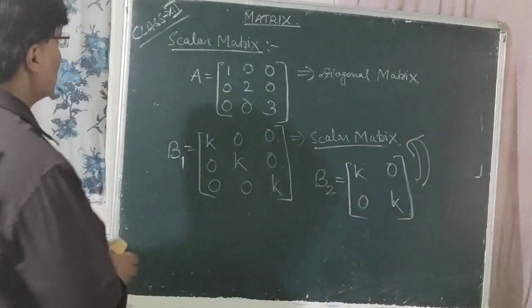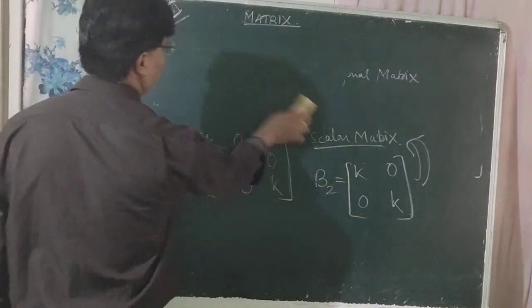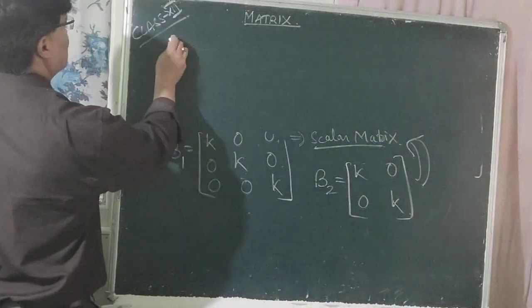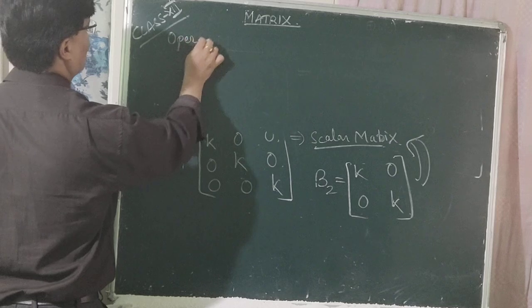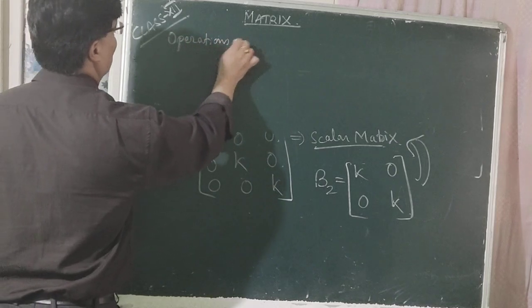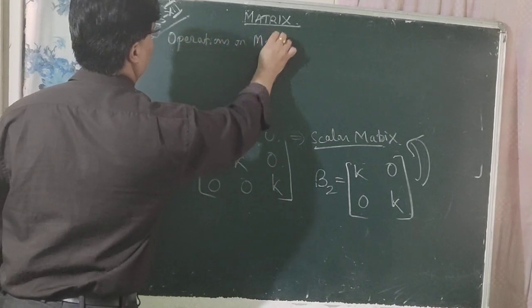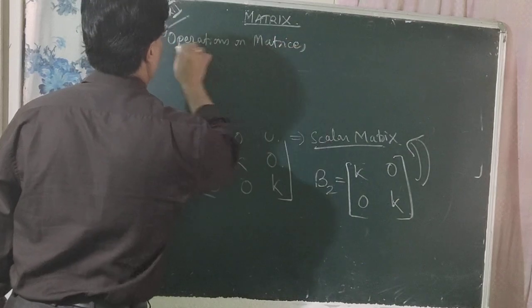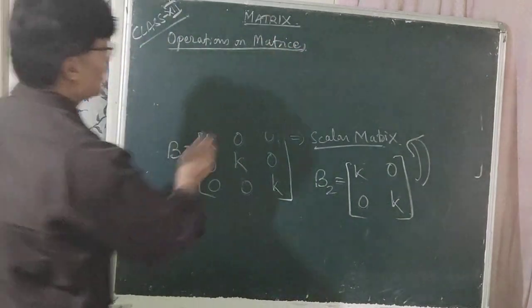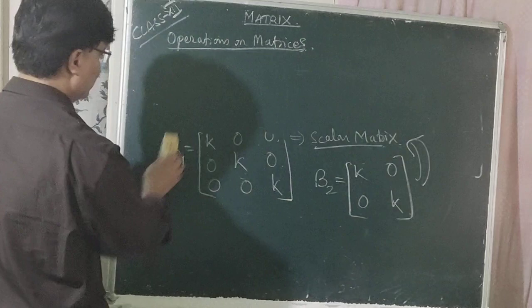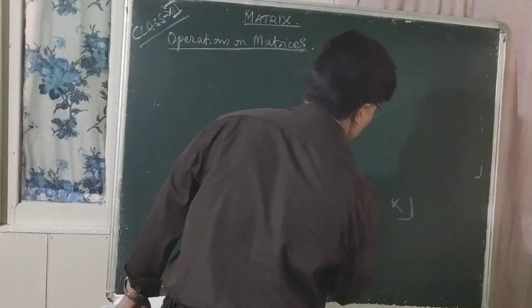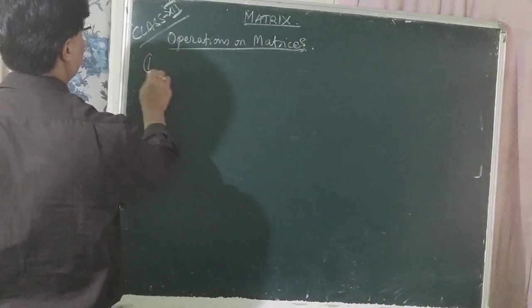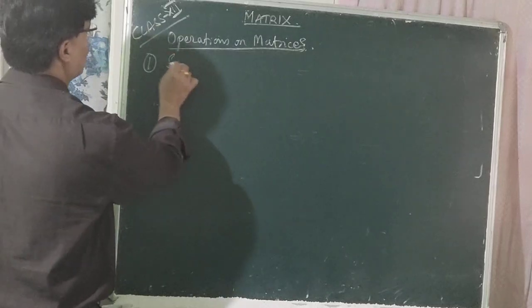Now we'll discuss operations on matrices. Number one is scalar multiplication of a matrix.